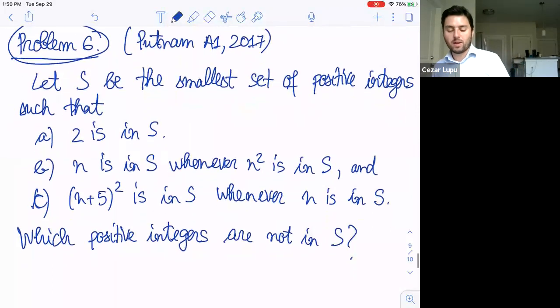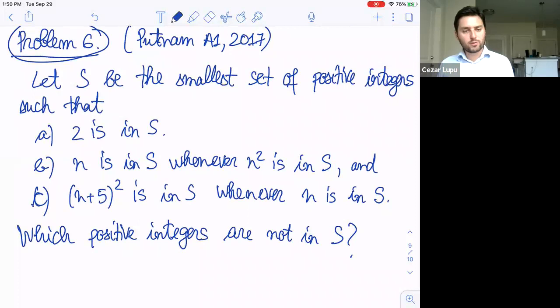Because if you look at this, the way it's stated, basically 2 is in S, maybe all the squares are in S, then if you take all these positive integers and add 5, all the squares are in S. So basically, you would expect that maybe it's the set of all integers, or maybe not.